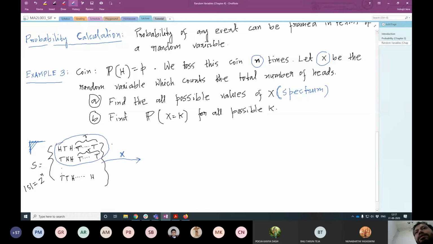So what X is doing, it is translating these two events to the number 2, and so on. For other events, it is translating to a different number. My point was that this is not a one-to-one mapping. In fact, in this particular example, it's a many-to-one mapping.